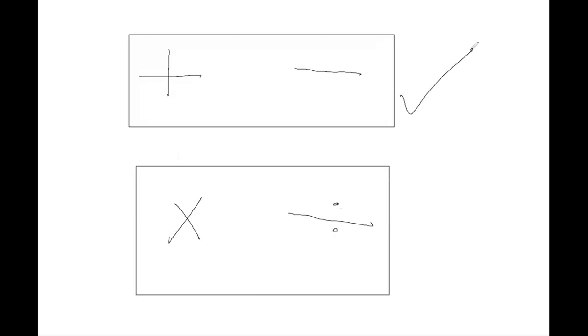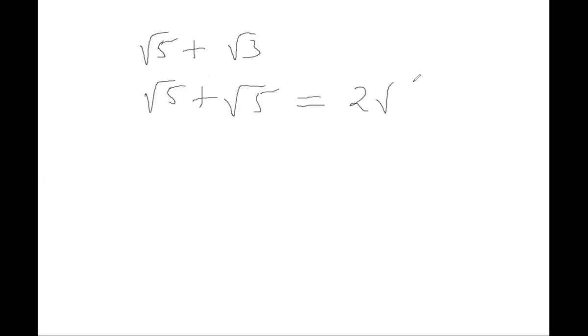Now, in order to apply the first group of operations, that is addition or subtraction, the numbers should be like numbers. The irrational numbers should be like irrational numbers. For example, we cannot add under root 5 and under root 3. We cannot add those, but we can add under root 5 plus under root 5, which is equal to 2 square root 5.